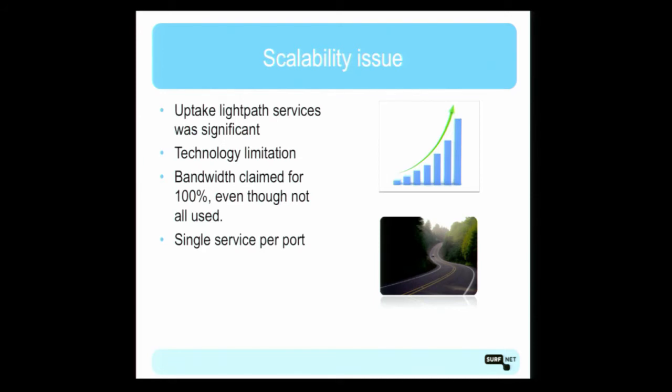You have those situations in which you only see a couple of megabits or hundreds of megabits, even though you have 1 gig reserved on the network. So there's a lot of bandwidth idle on the network, which is a waste of bandwidth.